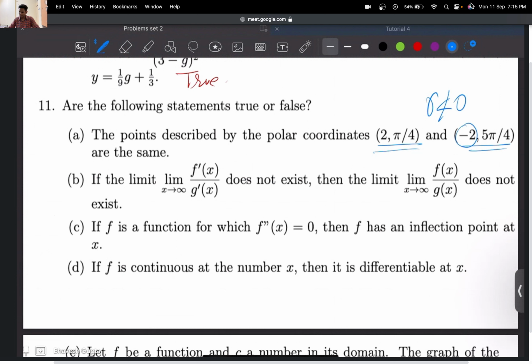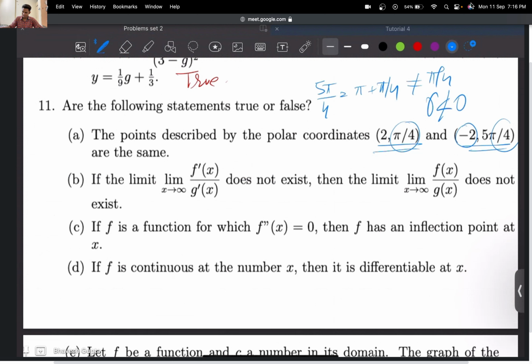Also, the angles by which they are described are different, because you can write 5 pi by 4 as pi plus pi by 4, and definitely that's not equal to pi by 4. They are off by pi, honestly speaking.